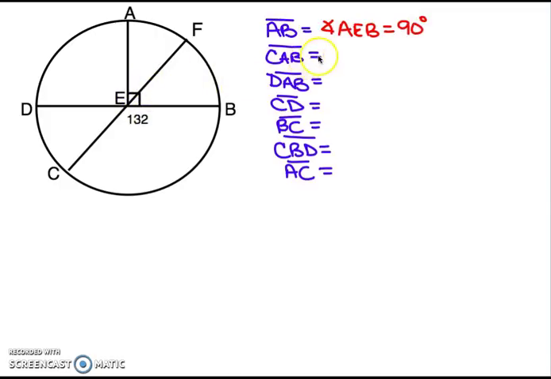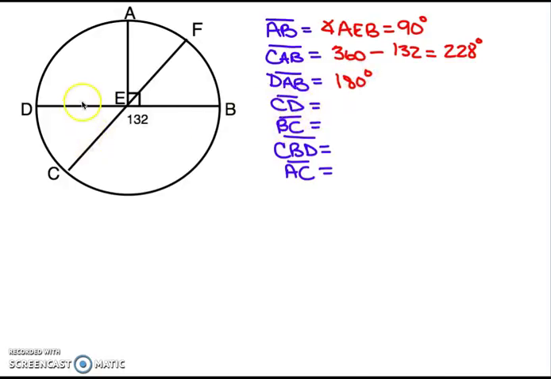And then CAB would be equal to 360 minus that piece that's missing, so minus 132, and that would equal 228 degrees. And then for DAB, look up here, that's going to be equal to 180.